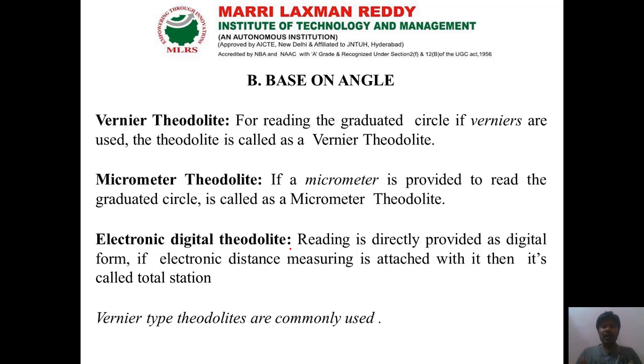That kind of theodolites are called electronic digital theodolites. For example, our total station is an advancement of the electronic digital theodolite. In general, we use the transit vernier theodolite all over the world for doing the works.